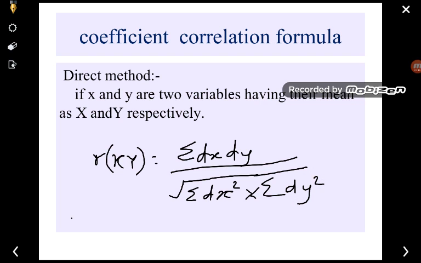So this is the formula for the direct method, how to calculate the coefficient of correlation.